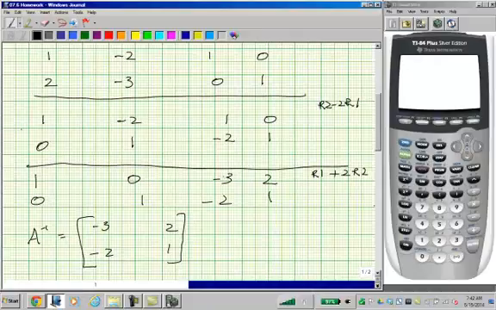And the right 2 columns are the inverse matrix for this matrix right here. So here's this matrix, and here is its inverse. And if we multiply them, we will get 1, 0, 0, 1, the identity matrix. Okay.